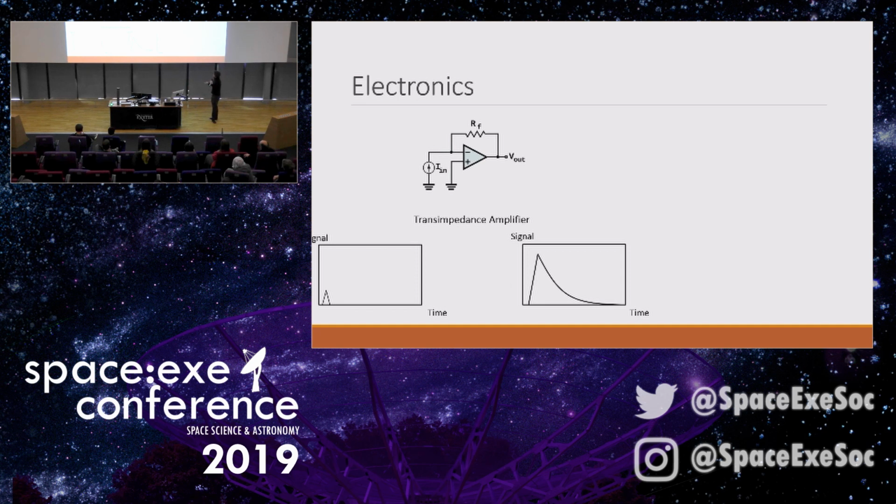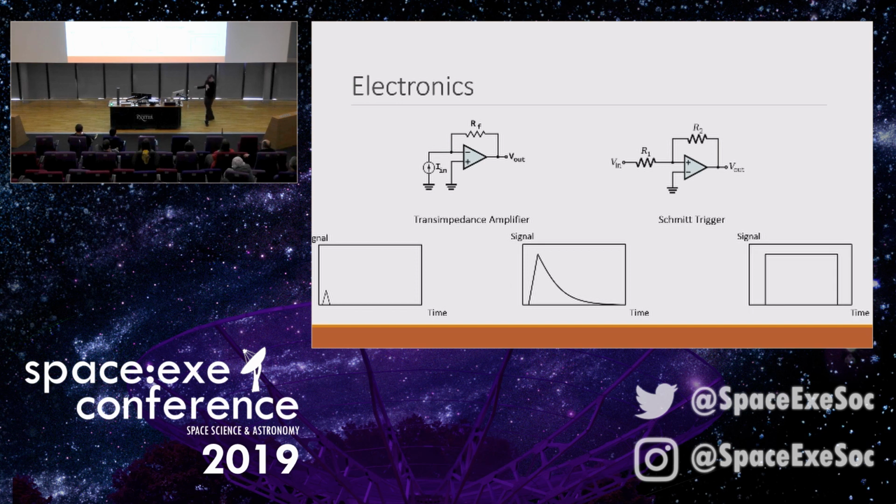But we can do better than that. We can put it through a Schmitt trigger, which is going to digitize the signal. Much like a computer only deals in ones and zeros, the Schmitt trigger is going to say, beyond a certain level, I'm going to set the signal to equal 1, and below that level, I'm going to set the signal to equal 0. That gives us a really clean, really clear square wave.